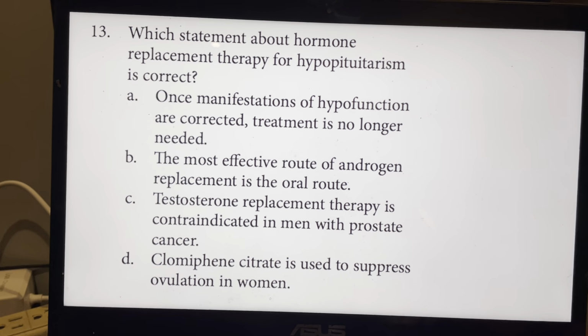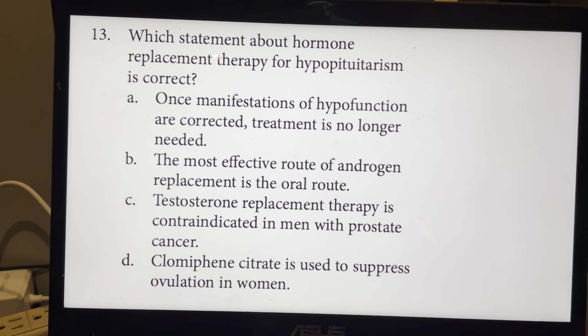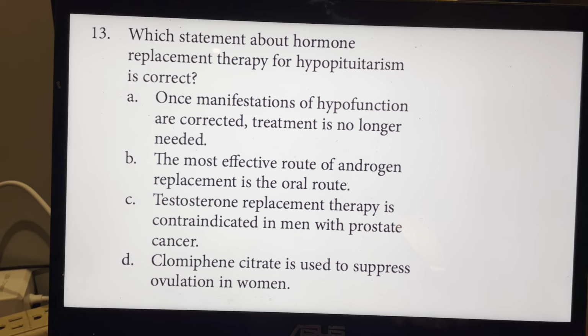Which statement about hormone replacement therapy for hypopituitarism is correct? Once manifestations of hypofunction are corrected, treatment is no longer needed. The most effective route of androgen replacement is the oral route. Testosterone replacement therapy is contraindicated in men with prostate cancer.